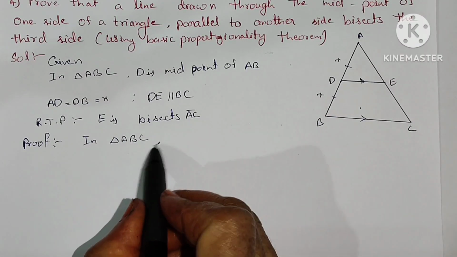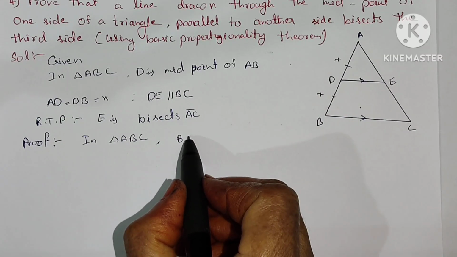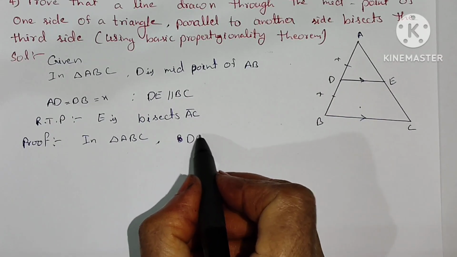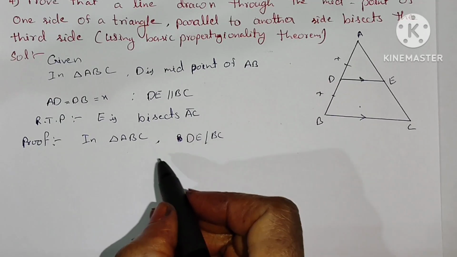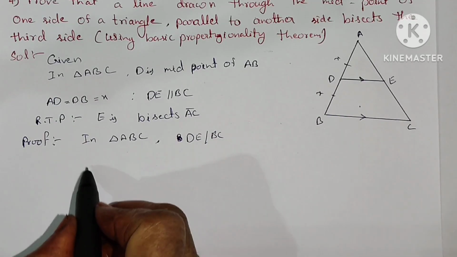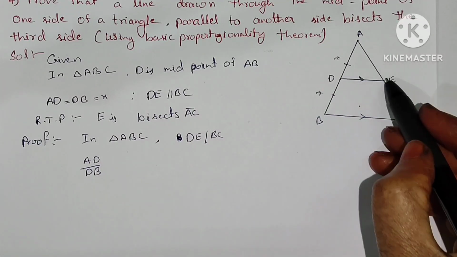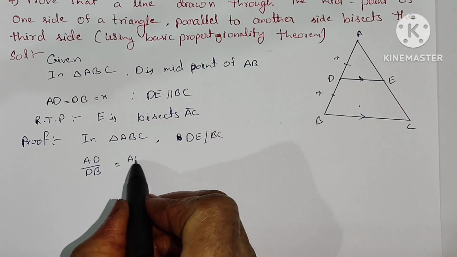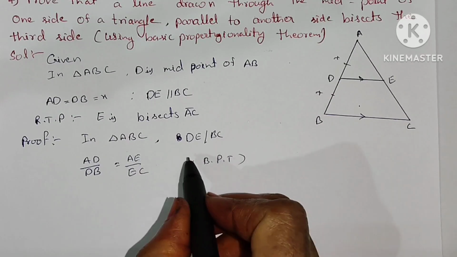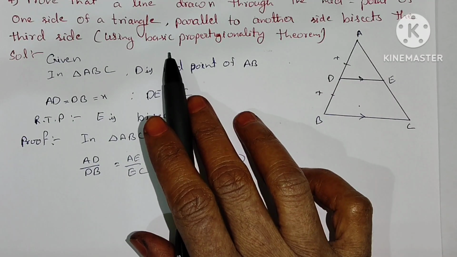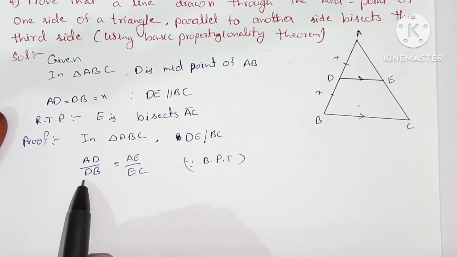We use the basic proportionality theorem: AD by DB equals AE by EC. Here already it is given. So now this one, AD by DB.